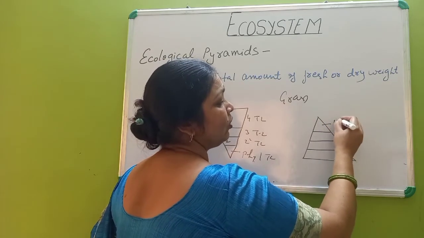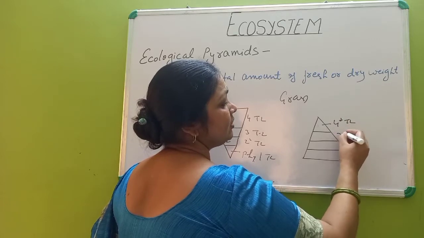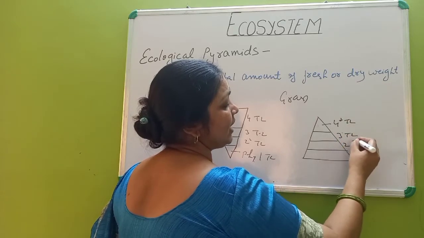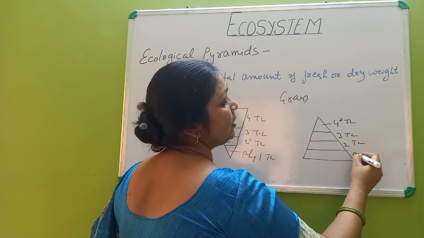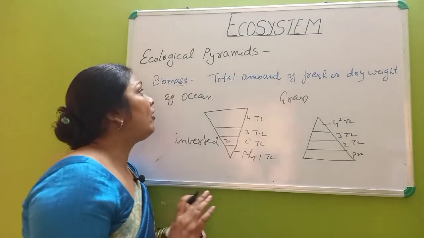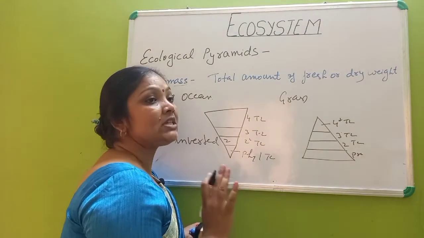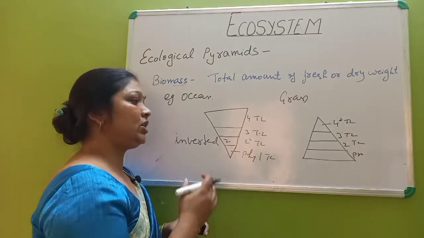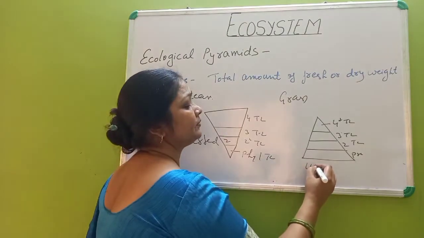This means the fourth trophic level will be least, then the third trophic level, the second trophic level, and the producers. So in grassland the pyramid of biomass will always be upright, whereas in the ocean it is always inverted.